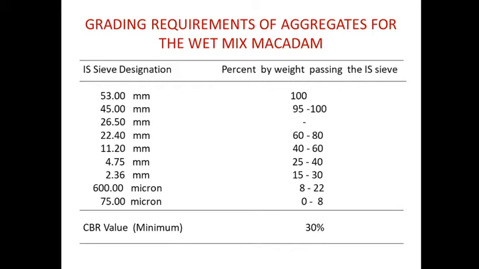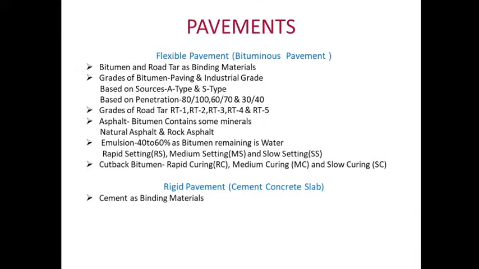The bitumen can be graded as paving and industrial grade. Then bitumen can be classified based on sources as A type and S type, where A type means sourced from Assam petroleum products, whereas S type means sourced from other than Assam petroleum products.